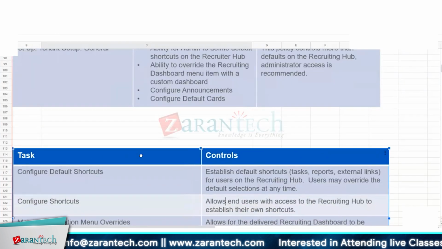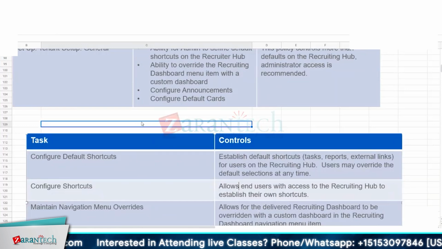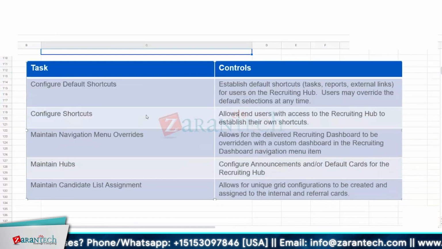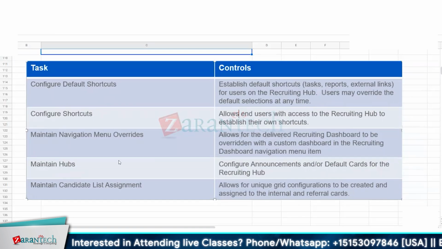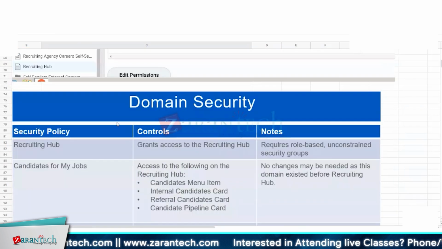And then a couple of tasks as the Workday HRIS person or support person you should be aware of. There's the configure default shortcuts, and then there's the maintain hub where you could configure the announcements and such. So just a couple of tasks and domain policies.